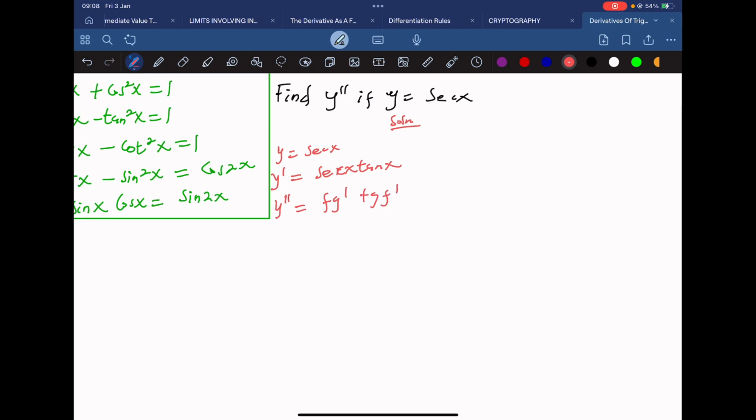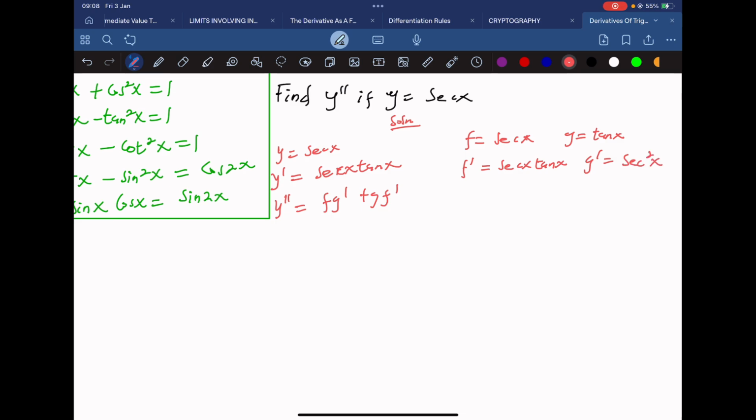So for the product rule, remember your f is your first function, which is secant of x. Your g is a second function, which is tangent of x. So f prime, now if we differentiate secant of x, we have sec x tan x. And if we differentiate tangent of x, we have secant squared of x.